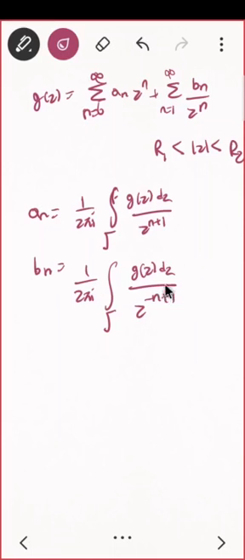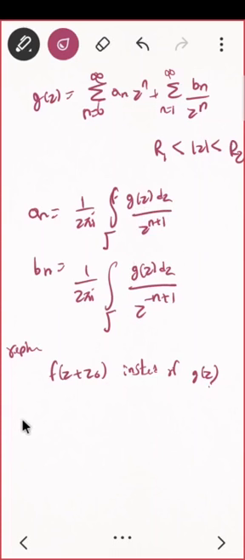Okay, now you just have to replace g of z by f of z plus z naught, and in the integral also you have to replace.